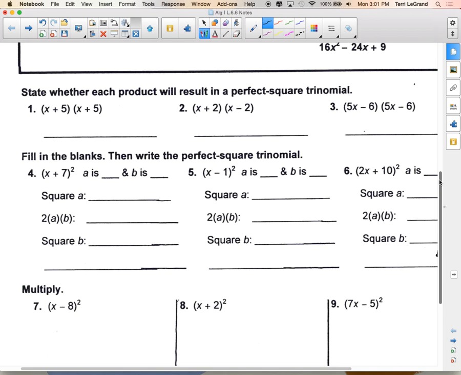Because it's a binomial times itself. Yep, it can be written like this. As long as you can write it the shortcut way, x plus 5 squared like that, you know you have a perfect square trinomial. When you multiply that out, or if you want to use the shortcut, this would be one you could shortcut. Do 3 multiplications instead of 4.